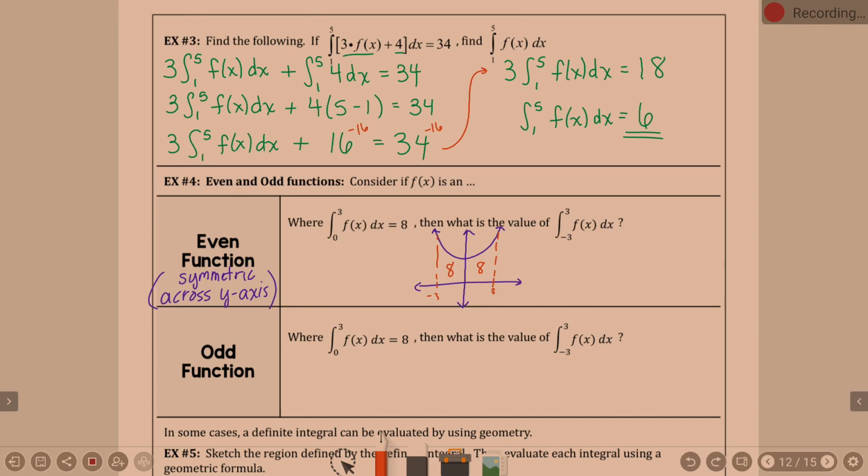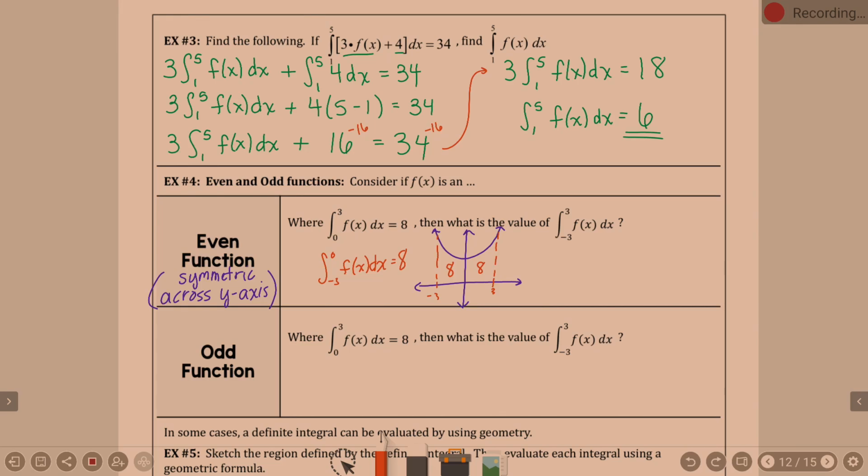Okay, so it's the idea that we can also say the integral from -3 to 0 of f of x dx would be equal to 8. This works because it was defined to be an even function, where it's symmetric across the y-axis, so the left and the right side of the graph are the same.